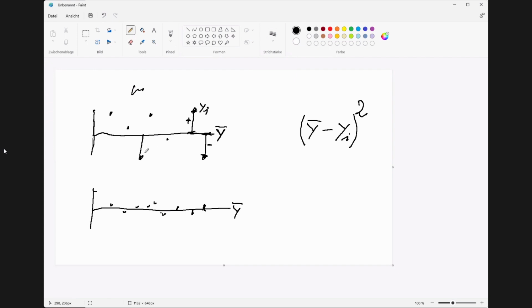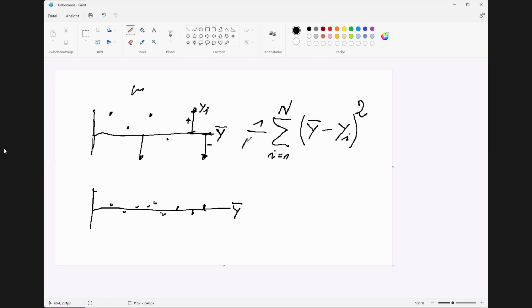And now we calculate the mean over this, from the first value until the end. We add all these single values, and now we have to divide.